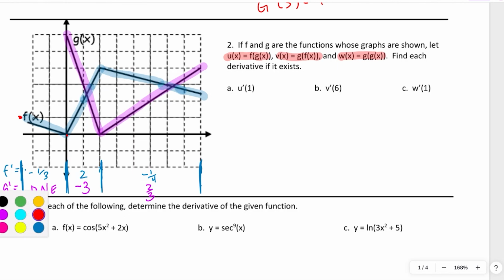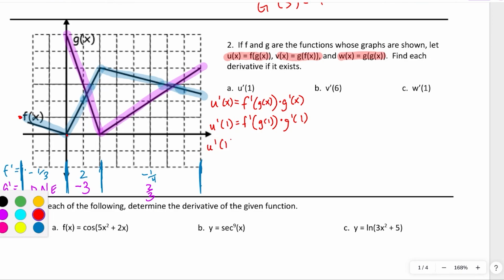U prime of x will be the derivative of f with respect to g times the derivative of g. So u prime of 1 will be f prime of g of 1 times g prime of 1.